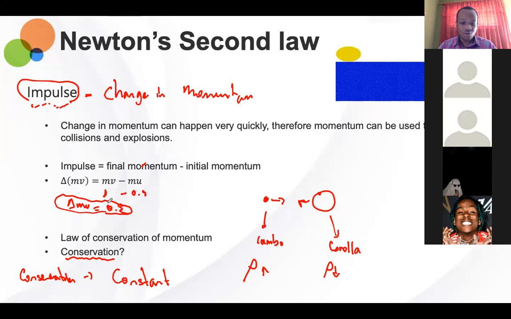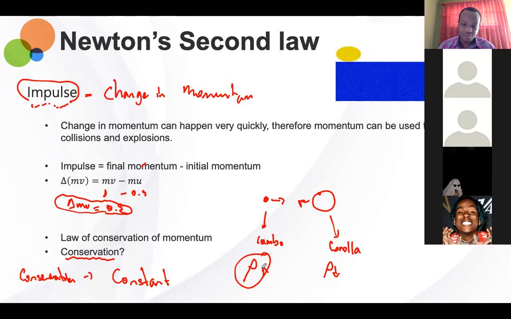Now if we look back on the experiment, we saw that the smaller object, which was our Lamborghini, our smaller, slower object, had a momentum of 0.5 before and 1 after. So there was an increase in momentum.